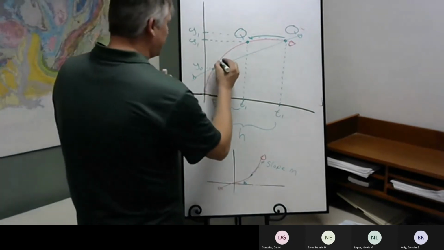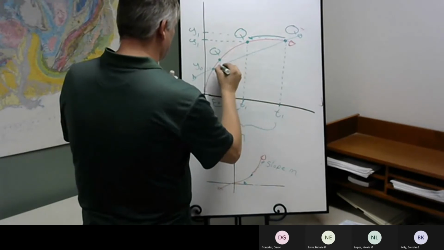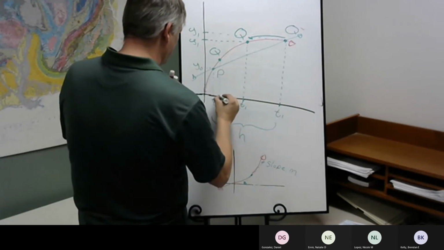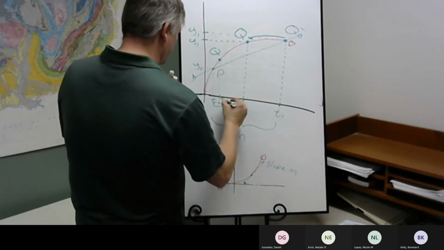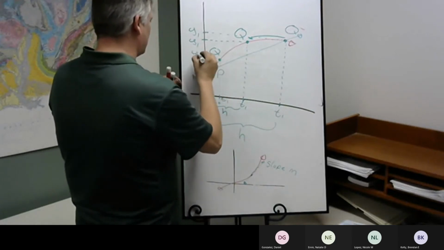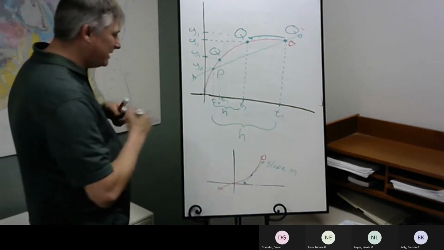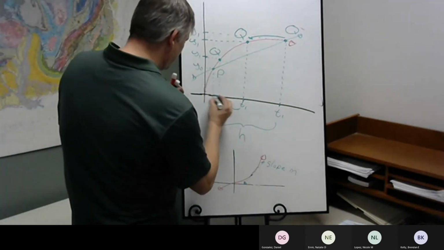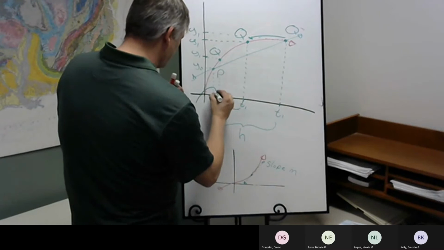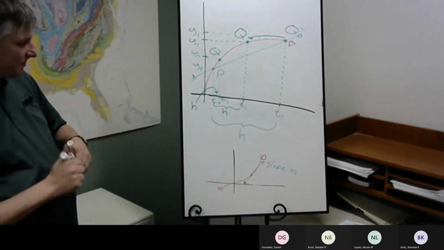Then we're going to move Q again. We get a T1, a Y1. And then really in this small little space here, we're going to get another h.